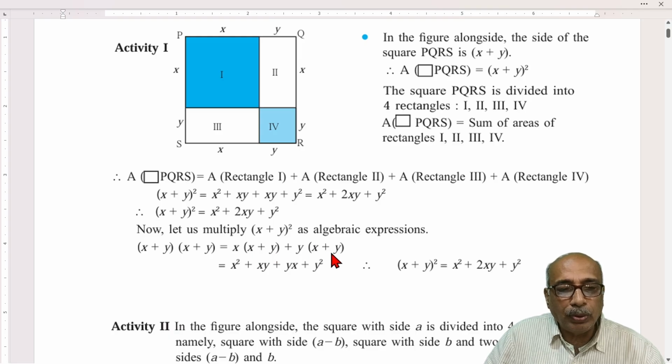Simplify these two terms. x into x is x square, x into y is xy, y into x is xy, plus y into y is y square. Arrange these terms and you will get x plus y whole square equals x square plus twice xy plus y square.